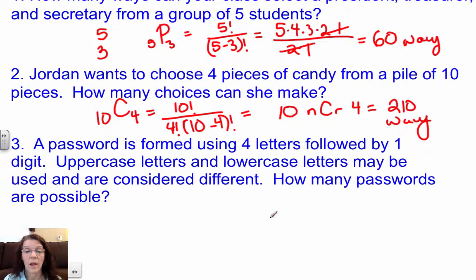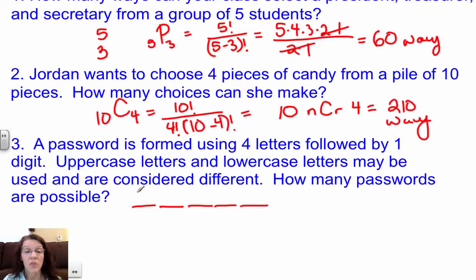All right. I'm going to say that this one is a fundamental counting principle. I am choosing one thing for the first letter, one thing for the second letter, one thing for the third letter, one thing for the fourth letter, and one thing for the fifth character, the digit. How many choices do I have for letters?